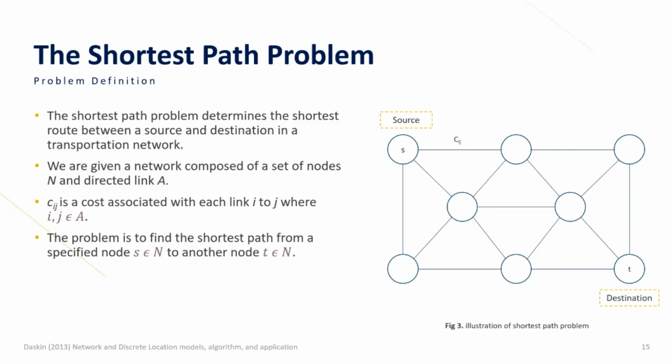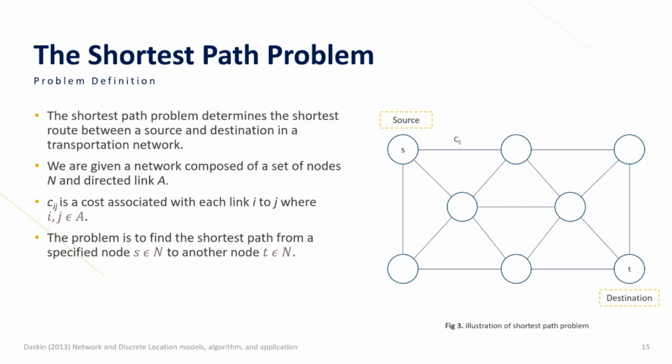Whenever you use GPS to find the shortest path from one location to another, behind the scenes of those programs is always an optimization problem, the so-called shortest path problem.